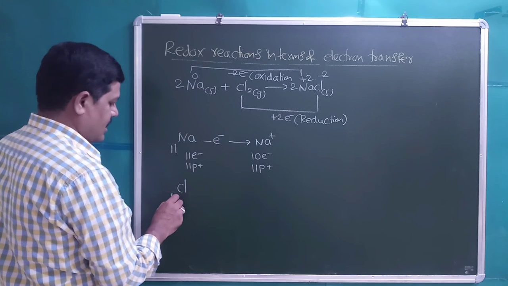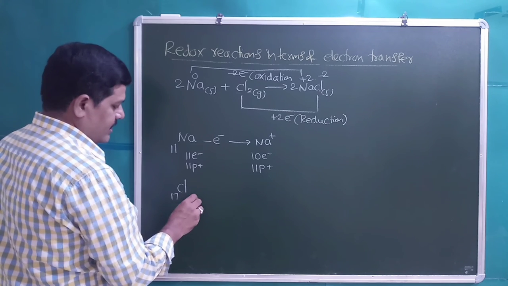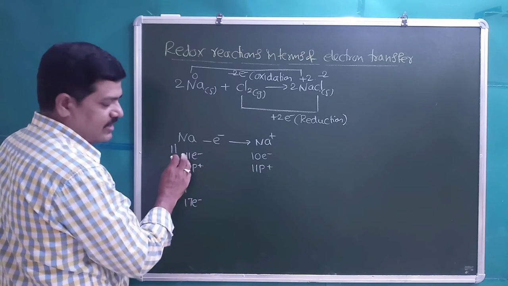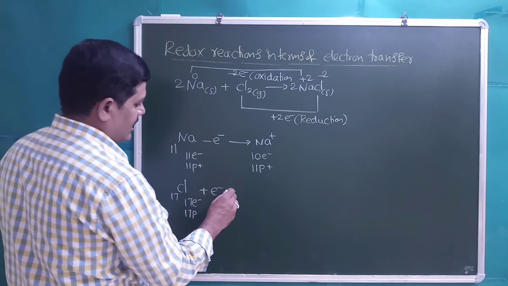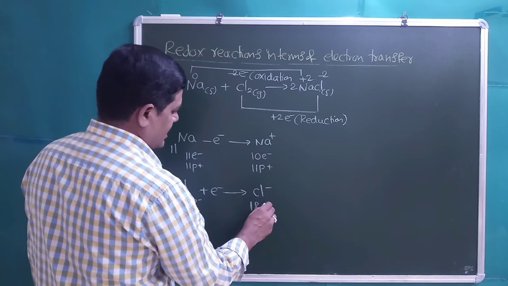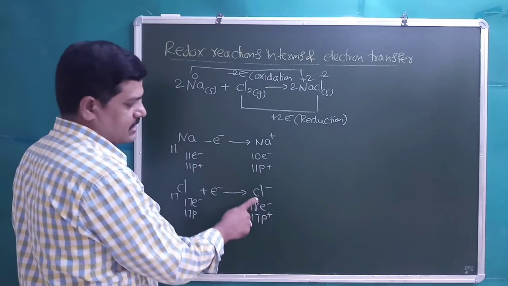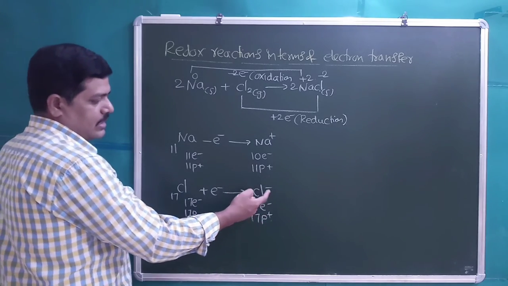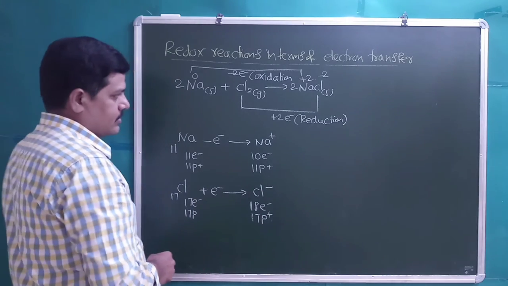Cl being a non-metal, it will gain electrons. When it is neutral, it has 17 electrons and 17 protons. When it gains 1 electron, it converts into Cl minus, because it has 18 electrons and 17 protons. Due to 1 excess electron, it attains 1 unit negative charge.